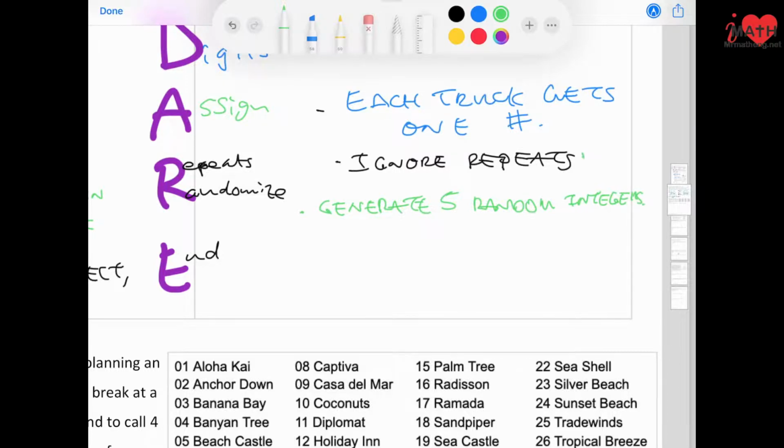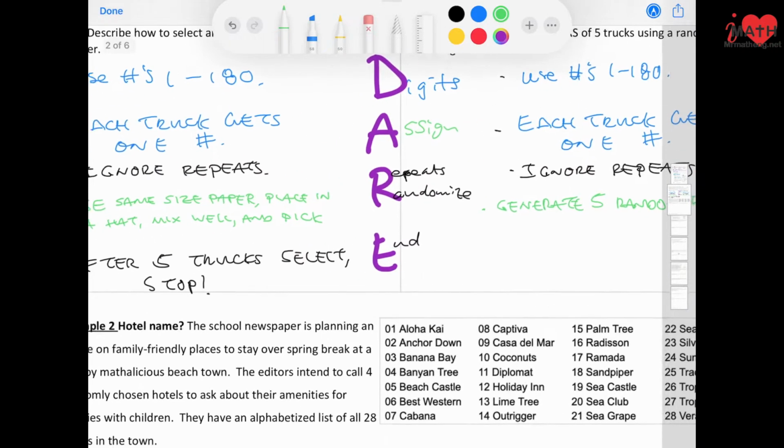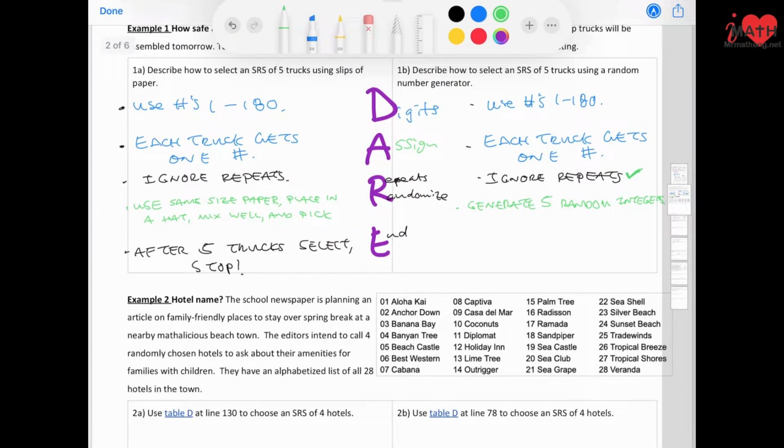And I guess that one actually makes more sense to ignore repeats, because we talked about repeats. Over here, you're not going to write a different truck twice, so cross that off. And when you have five unique numbers. Okay?